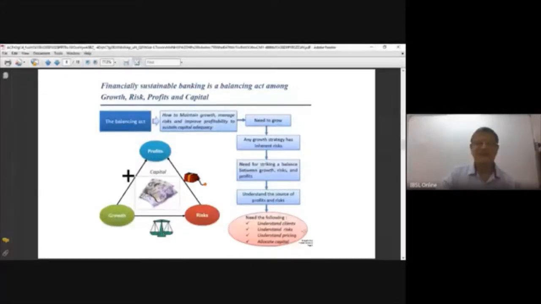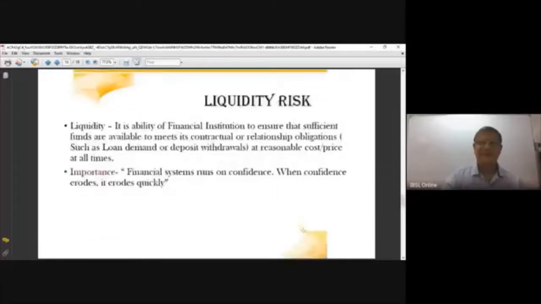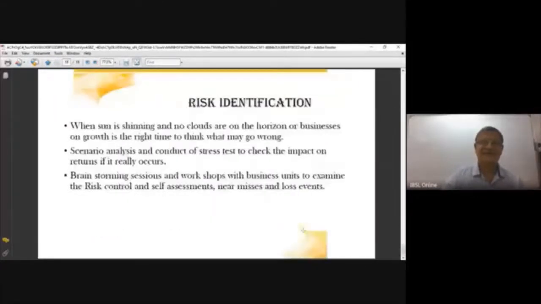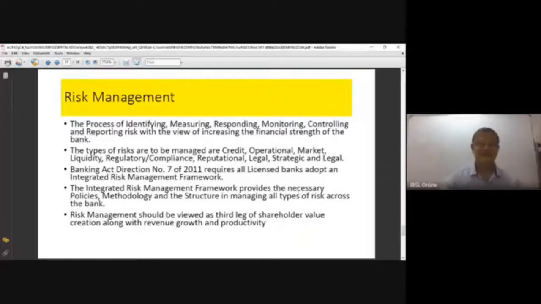So going back to my slides, we are on the risk management slide, which finally I said risk management should be viewed as a third leg of shareholder value creation with revenue growth and productivity.